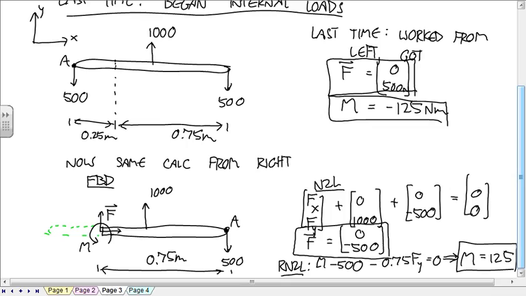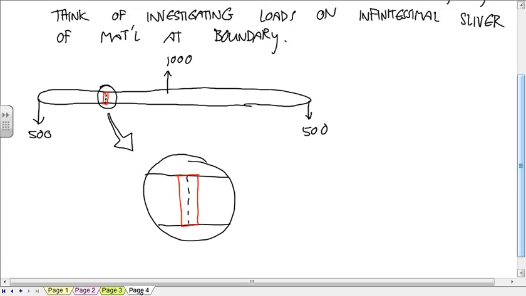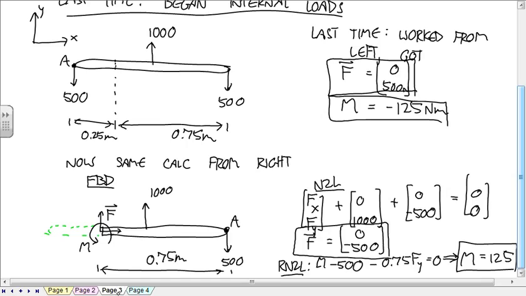so now the way to think about what we had before is when we isolated the left side, we had a force of 0, 500. That means when we investigated the left side, this is a little confusing, but we were looking at a right surface, a force on a surface where the material was to the left and the gap was to the right, okay?